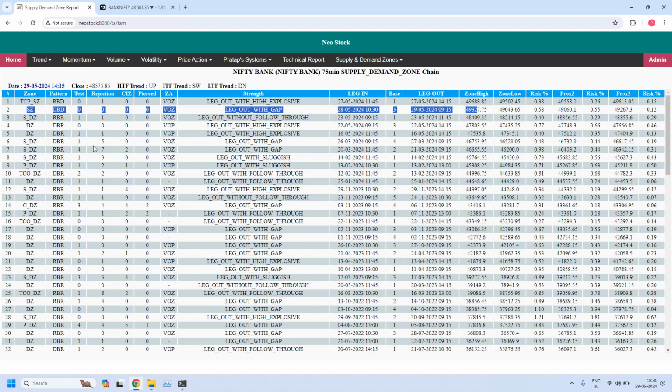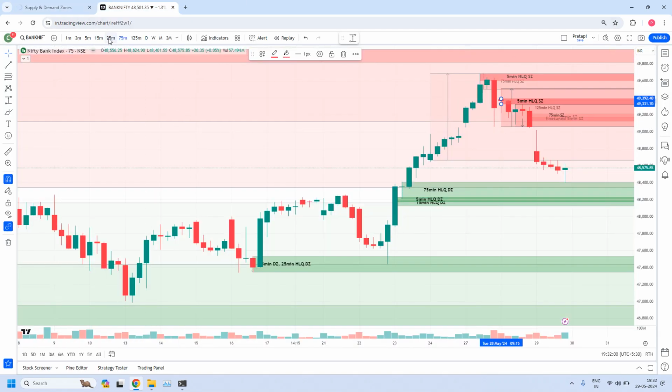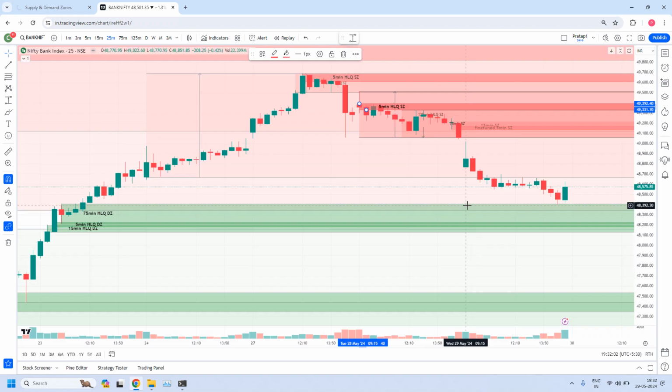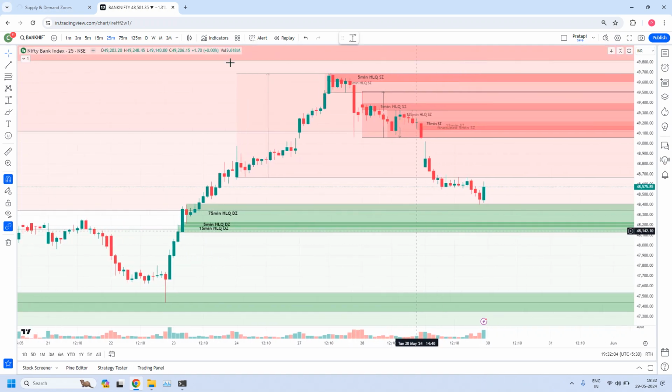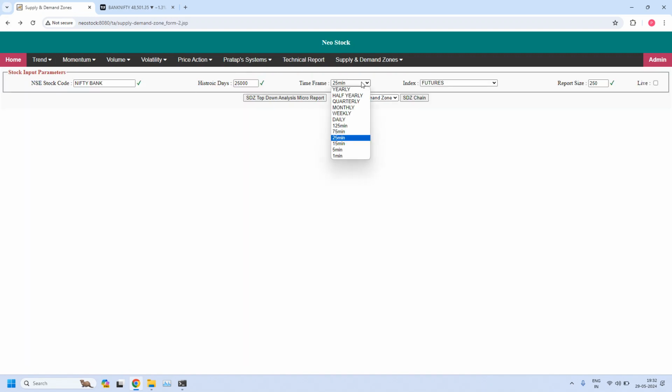Okay, fine. Now let's move on to the next time frame, 25 minutes, only to check if any high liquidity zones are available. But before that, one point we forgot. In the 75 minute supply zone, what is the trend?